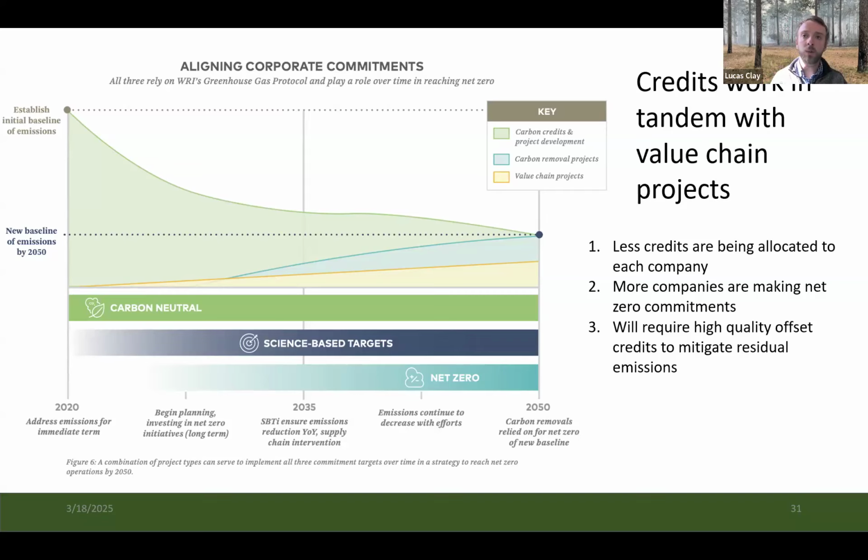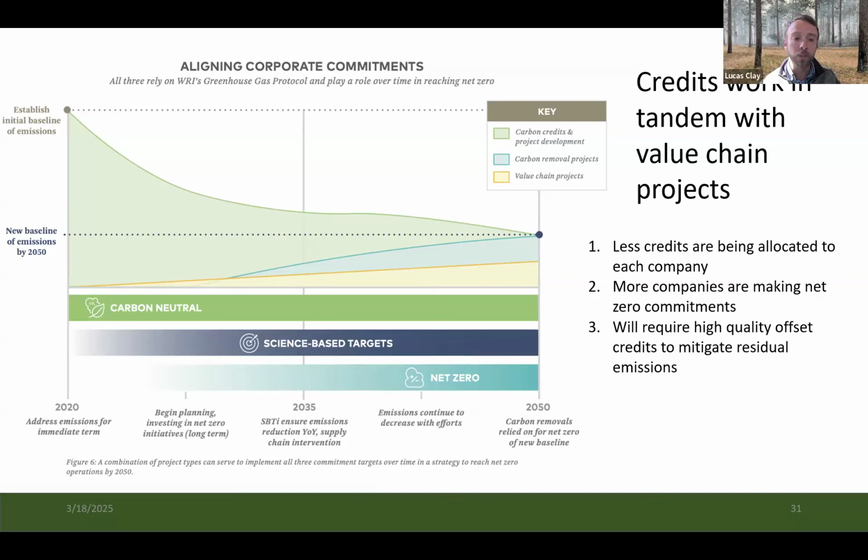You just want to purchase credits and that's all you're doing. Research has shown that this is actually inaccurate, that a lot of companies that are purchasing carbon credits are also working in tandem to do value chain projects to reduce their emissions to achieve net zero goals or for consumer social responsibility.